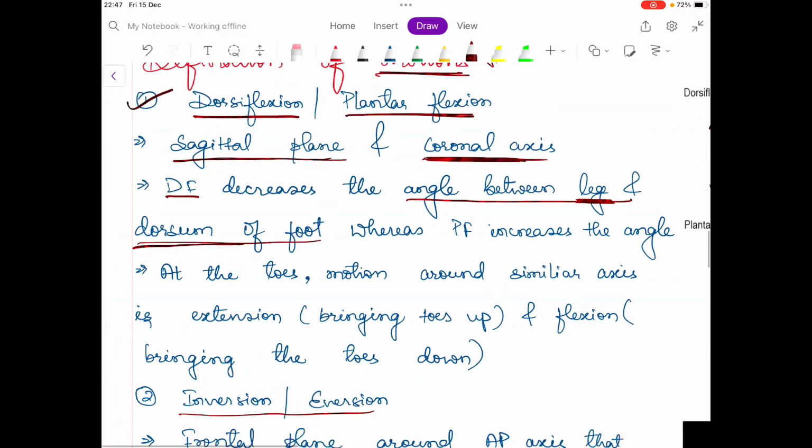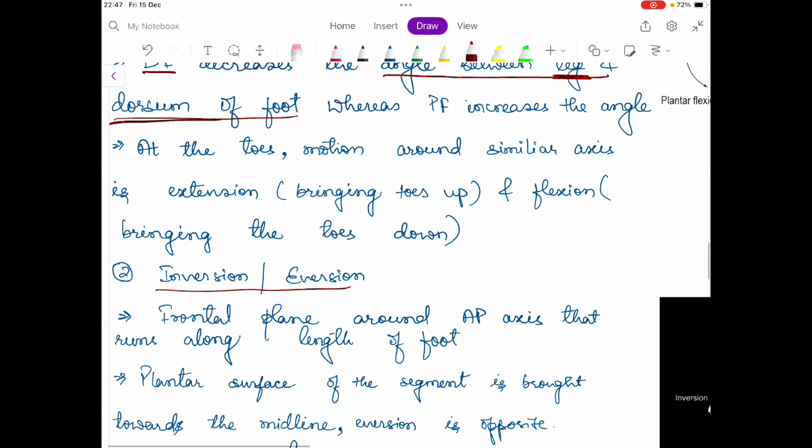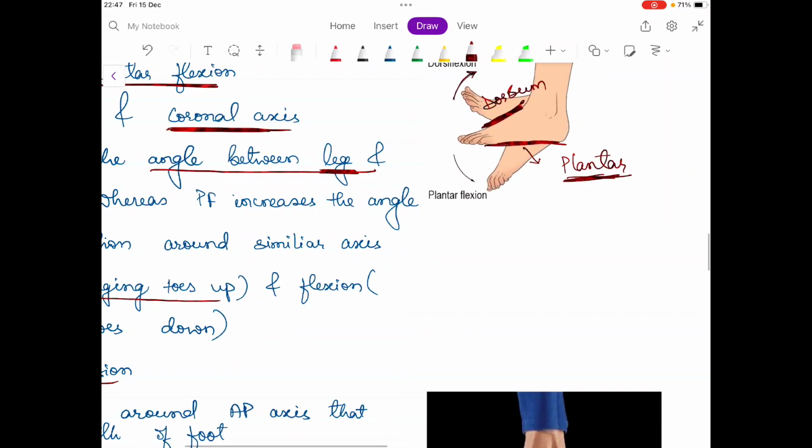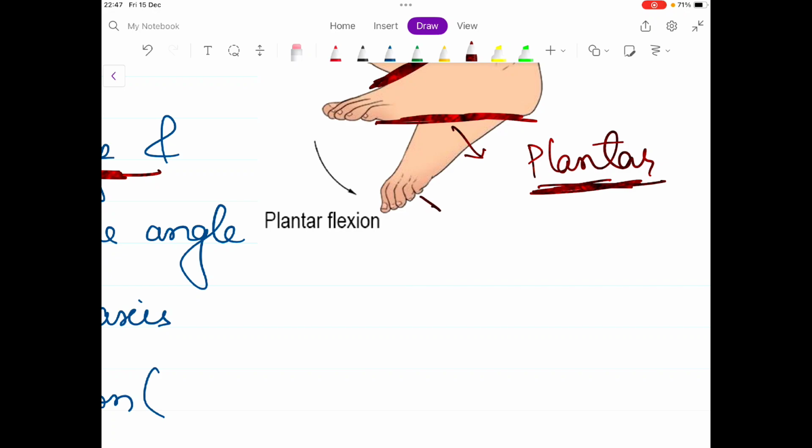Now, the same movement at the toes: in dorsiflexion you move the foot upward, so there is extension of the toe, that means bringing the toes towards the superior direction or the upward direction. But in plantar flexion, you move the foot below towards the ground.